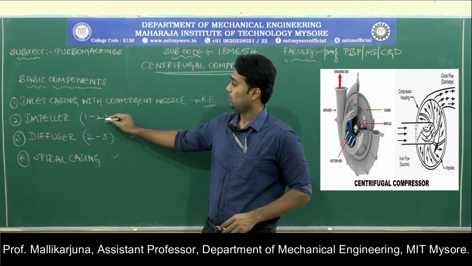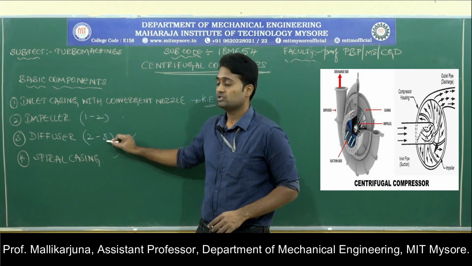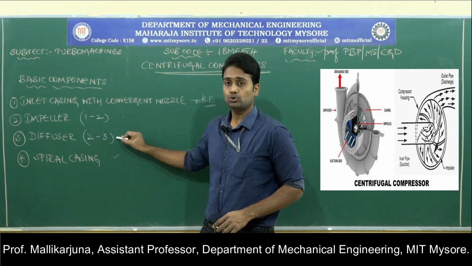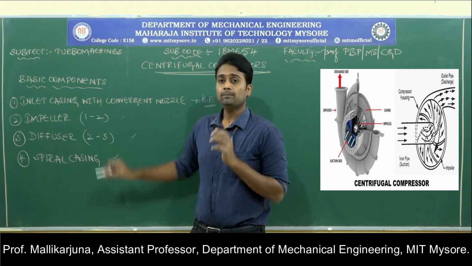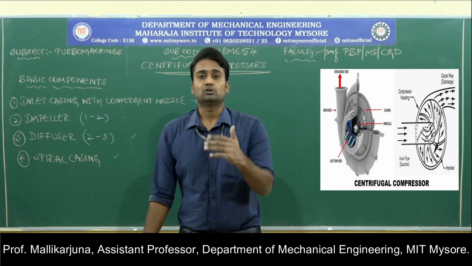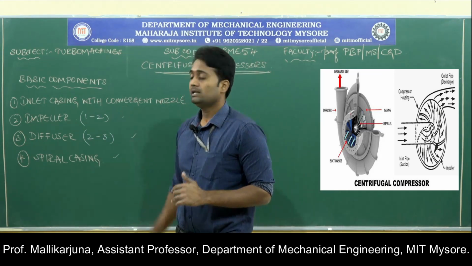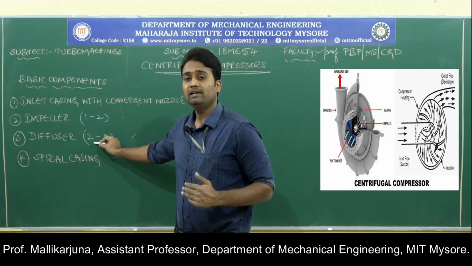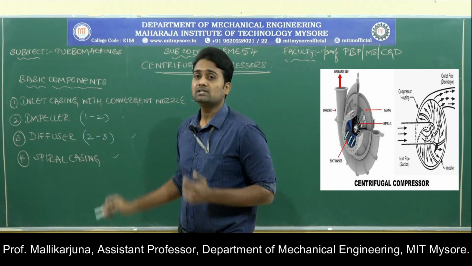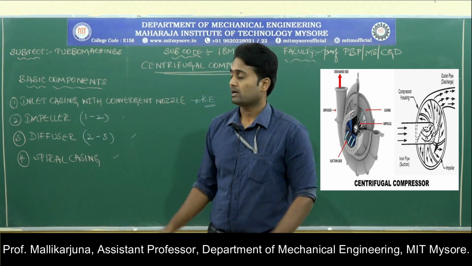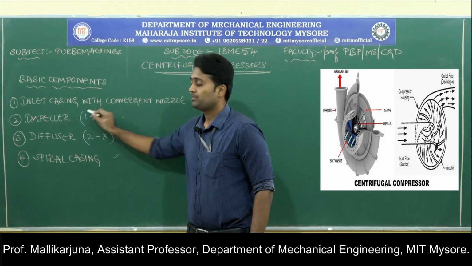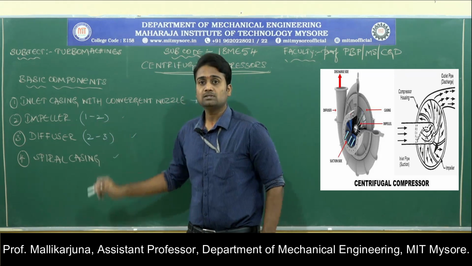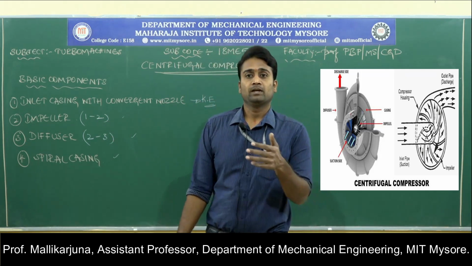Here I have denoted certain numbers for the impeller as well as the diffuser. These numbers play a huge role. 1 is the inlet to the impeller, 2 is the outlet of the impeller. The same 2 is the inlet to the diffuser, and 3 is the outlet of the diffuser. I will be making use of these states, these numbers, in future equations.